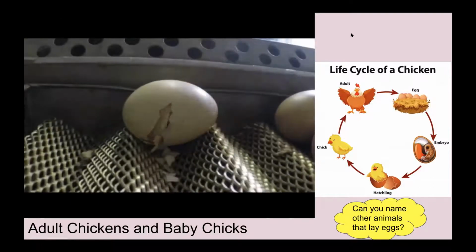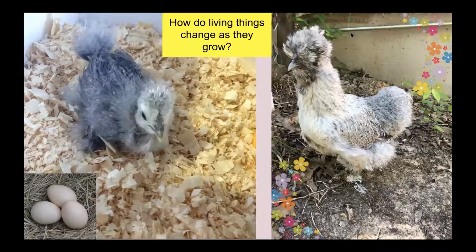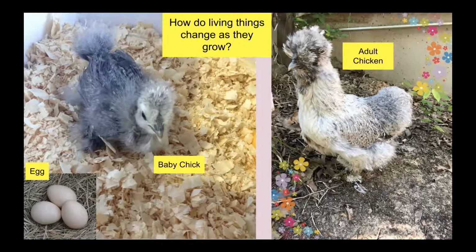In our next little video, or we have some pictures of Pepper the chicken, who you saw earlier. We have a picture of Pepper when she was a baby chick, and then we have some examples of eggs. So Pepper did change as she grew up, and again, Pepper's an adult chicken now, so she could reproduce and have other offspring. So let's take a look at what we see. We have the egg, we have the baby chick, and then we have the adult chicken.